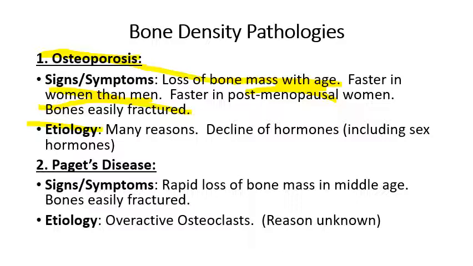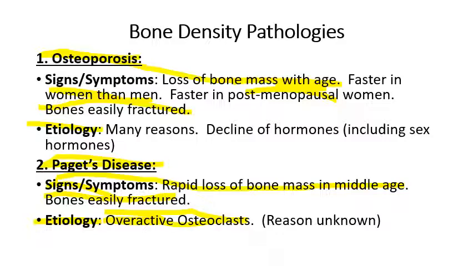All right, Paget's disease is a rapid bone loss in middle age and causes the bones to be easily fractured. And the etiology is that with somebody who has Paget's disease, the osteoclasts are overactive and the osteoblasts are too lazy and inactive.